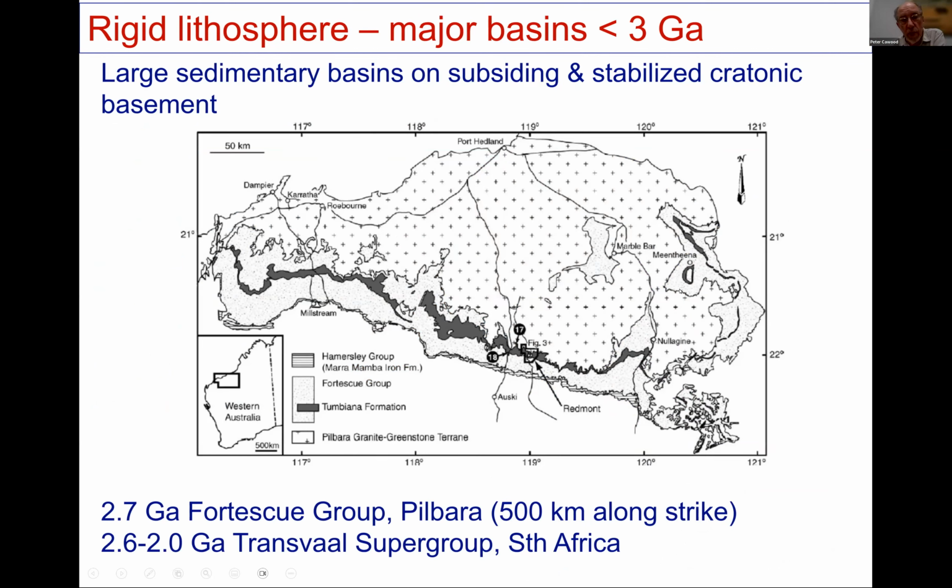So for over 500 kilometres, they can be traced, and so we know that by 2.7, the Pilbara craton was stable, it was subsiding uniformly, and the Fortescue group could accumulate. Similarly, in South Africa, the Transvaal group accumulates on the Kaapvaal craton. So again, we have evidence for a stable craton.